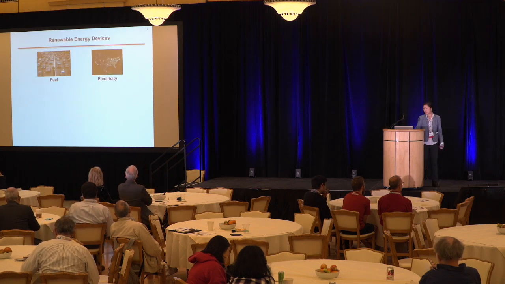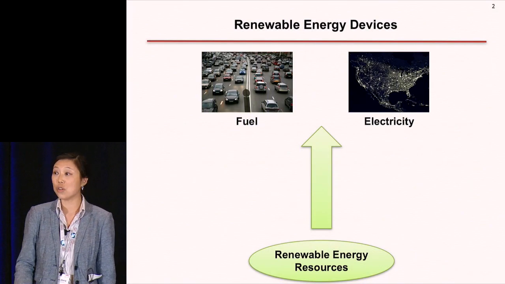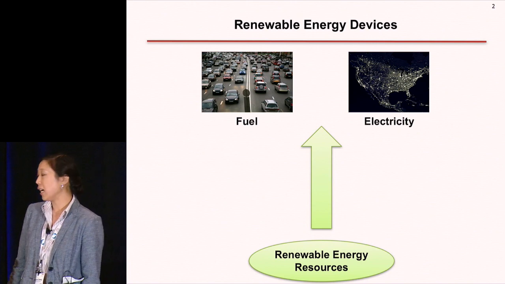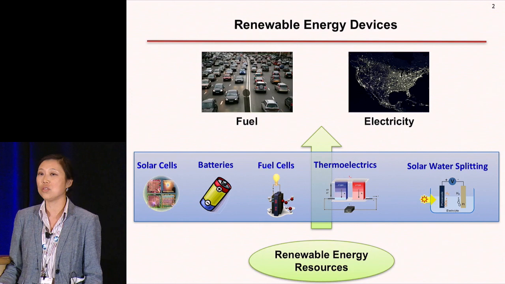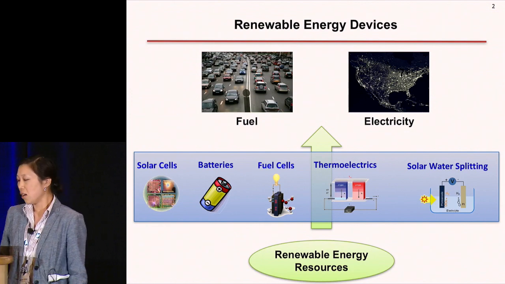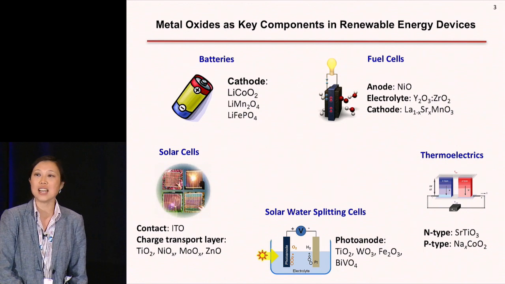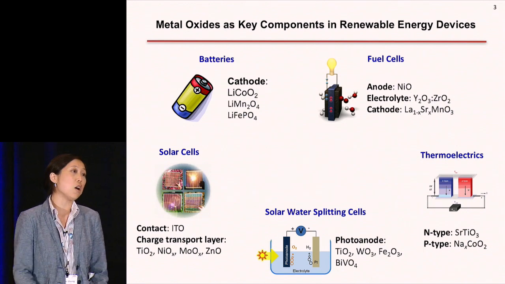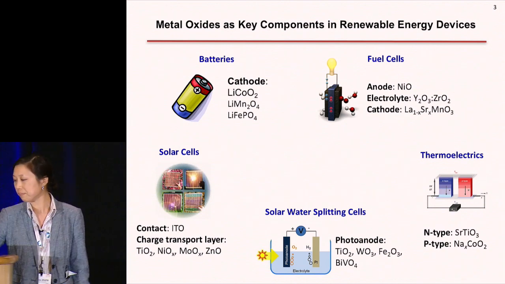When we look at renewable energy, we want to think about how to convert it either to fuel or electricity. As engineers, we think about devices, like fuel cells or solar cells. All those devices have many things in common: one common thing is they all contain metal oxides.